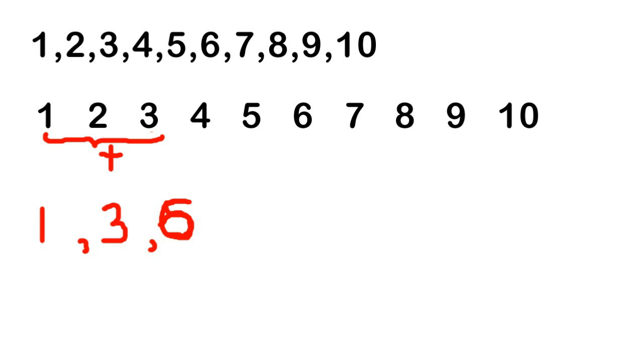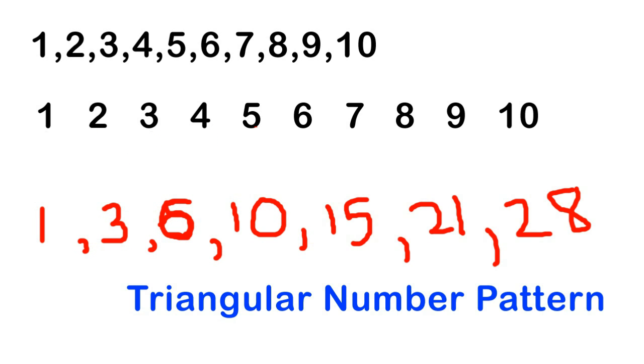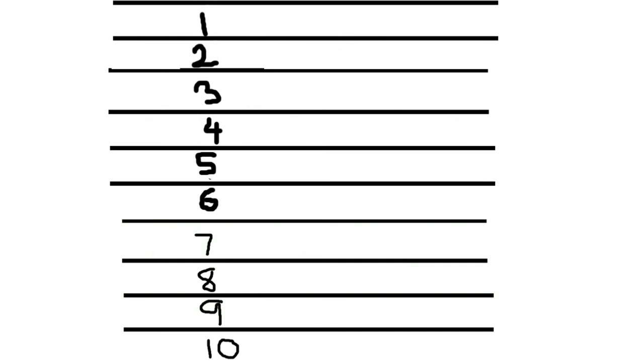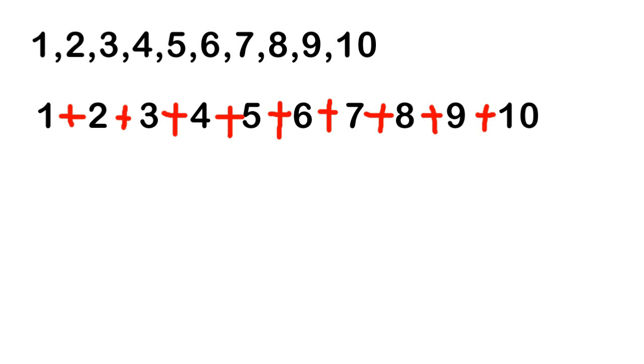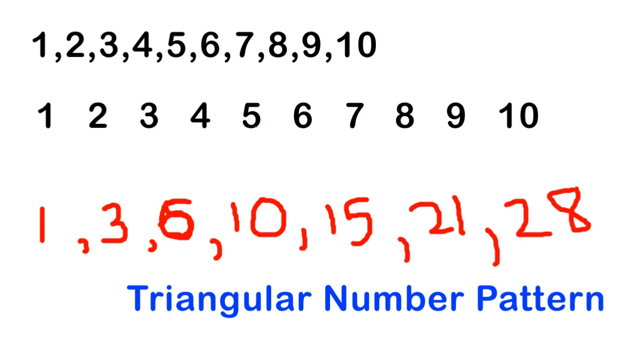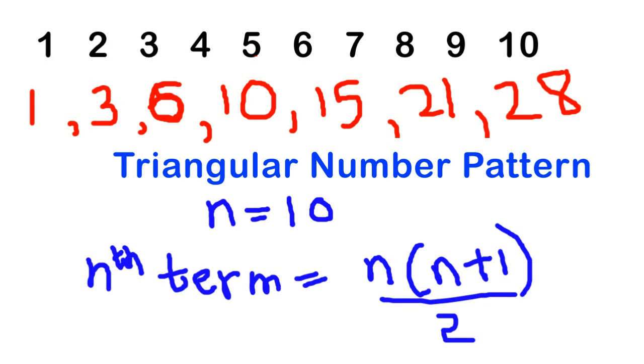Yes, triangular number pattern. It asks for the total of all of these numbers. Instead of adding them one by one, if we take the value of the 10th term of the triangular number pattern, we can get the answer easily.